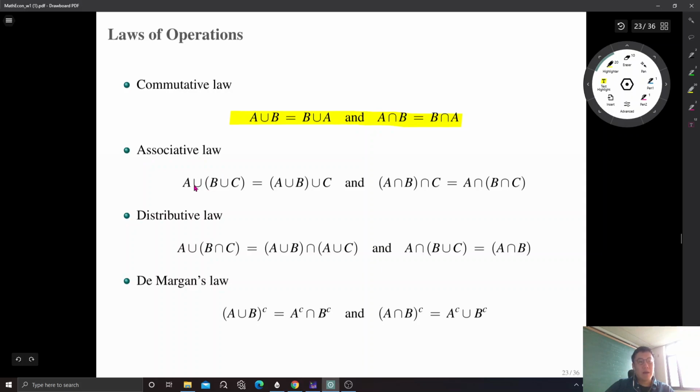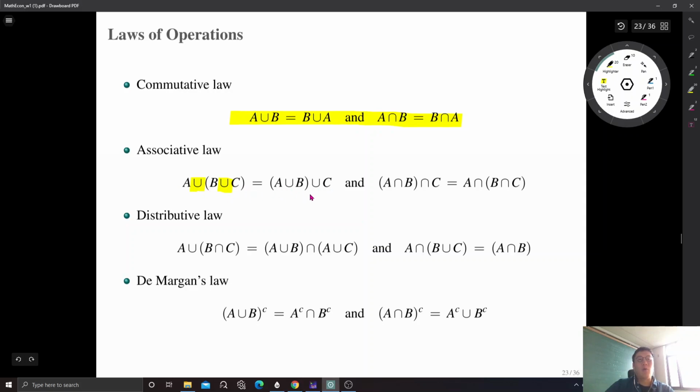And the associative law. So we have here two unions: A union, B union C. Then we take the parenthesis first, B union C. Then we can move this parenthesis. This parenthesis means we first take the union of B and C, and then take the union with A. Then we can change the order: we first take the union of A and B, and then take a union with C. The results are the same, because we have only unions here, on the left and on the right.